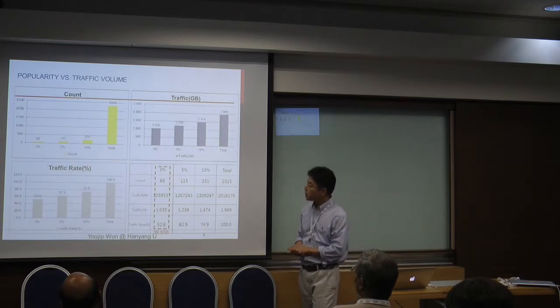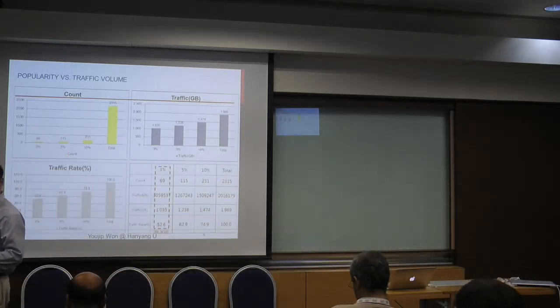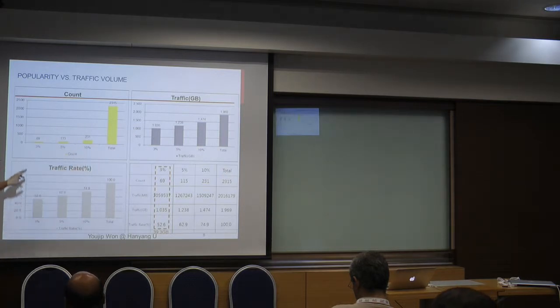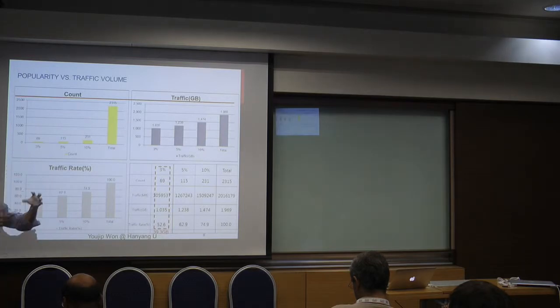So the first number is the video popularity and the respective bandwidth. There are like 2,300 video titles in total in the server, and we look at the top 3, top 5, and top 10 contents. If you consider the top 3, there are only 69 video titles.